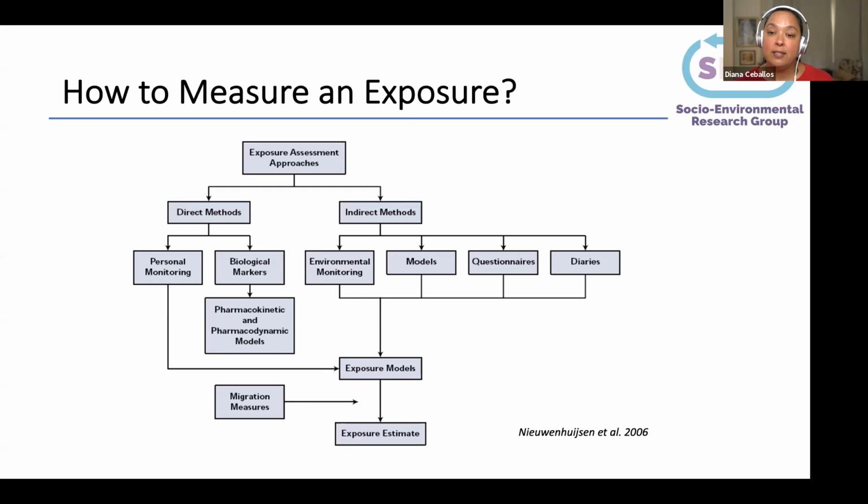We may ask them how often they are in contact with solvents, and they do a self-report questionnaire, and that's okay. We can do some modeling based on some observations that we gather of the situation. We can even do some area sampling, make some assumptions about exposure, collect some diaries. There are many different ways to go about it.